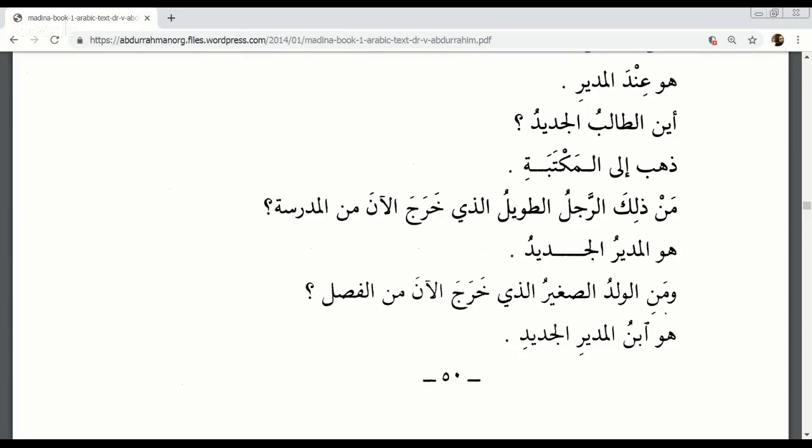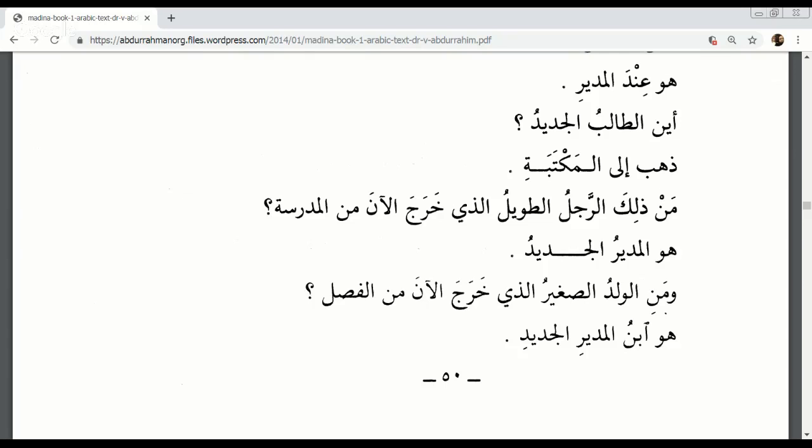ومن الولد الصغير الذي خرج الآن من الفصل. Good.